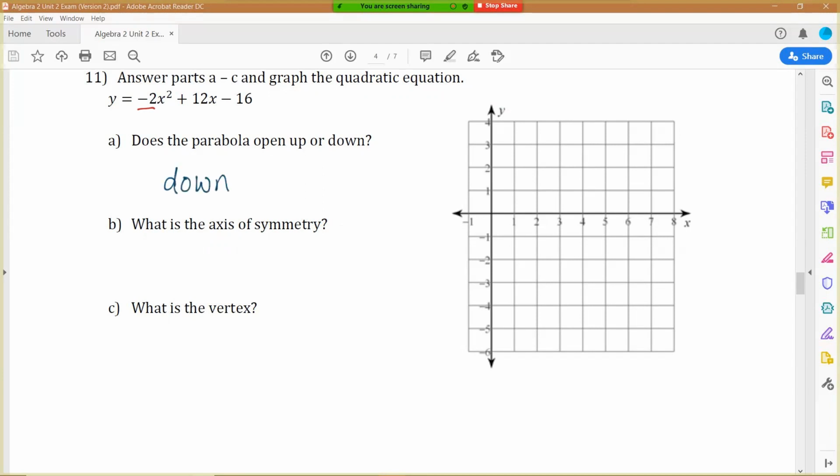because A is negative. Our axis of symmetry, if we're given standard form, we need to take x equals -b divided by 2 times A. This formula, again, is on your reference sheet in case you forget it. So opposite of B, so I want the opposite of 12, which is -12, divided by 2 times A, which is -2.